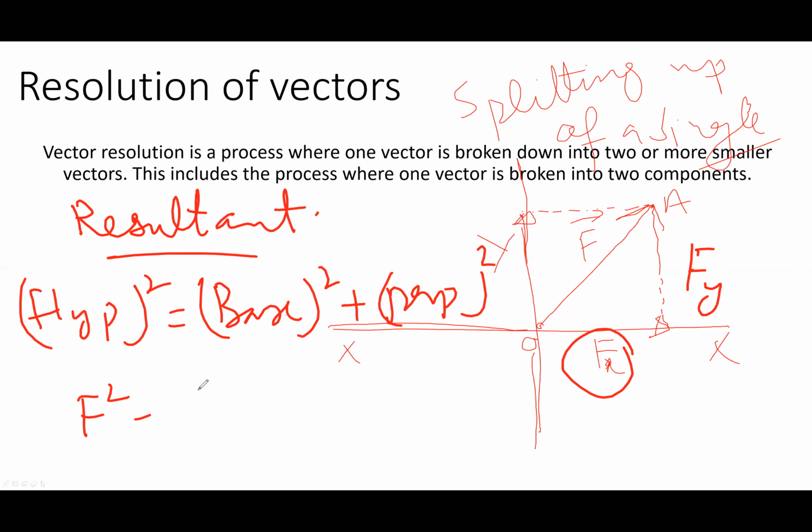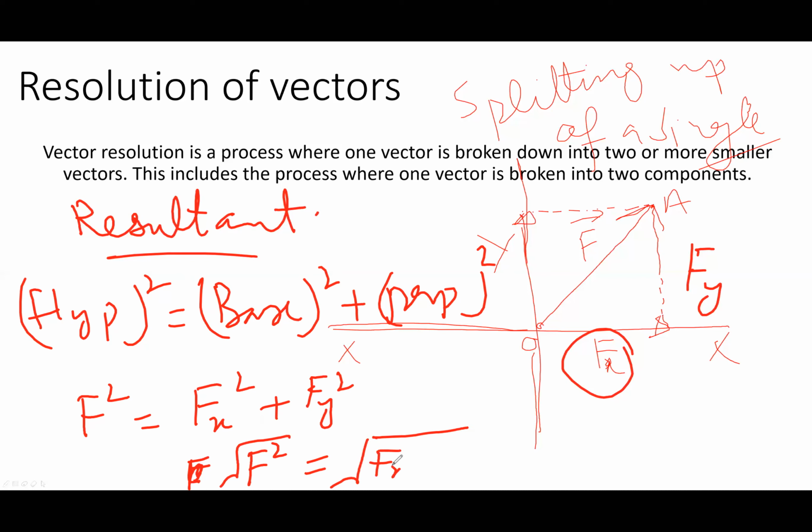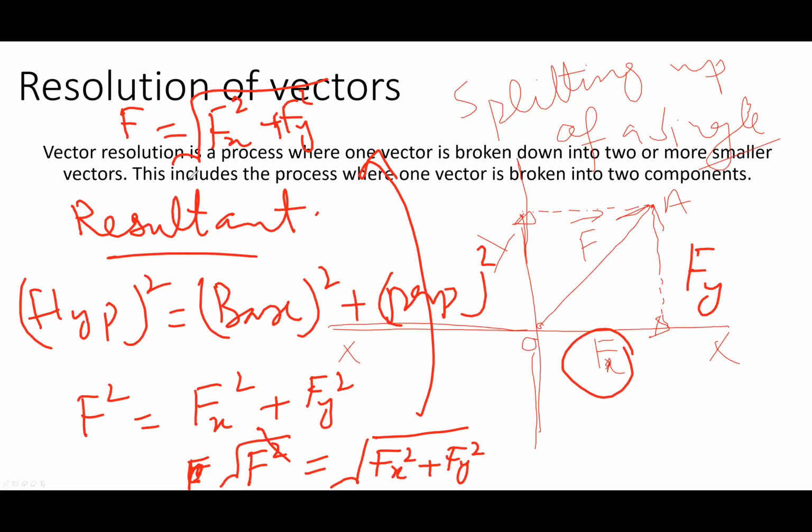F square is equal to fx square plus fy square. Taking the square root, the square cancels, so f is equal to the square root of fx square plus fy square.